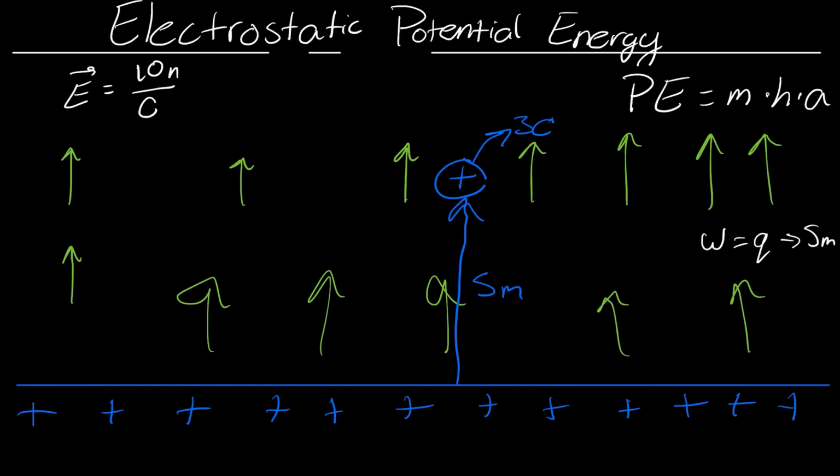So we have the 30 newtons times 5 meters, and that leaves us with 150 newton-meters, which is basically equal to 150 joules, because that is the unit for work.